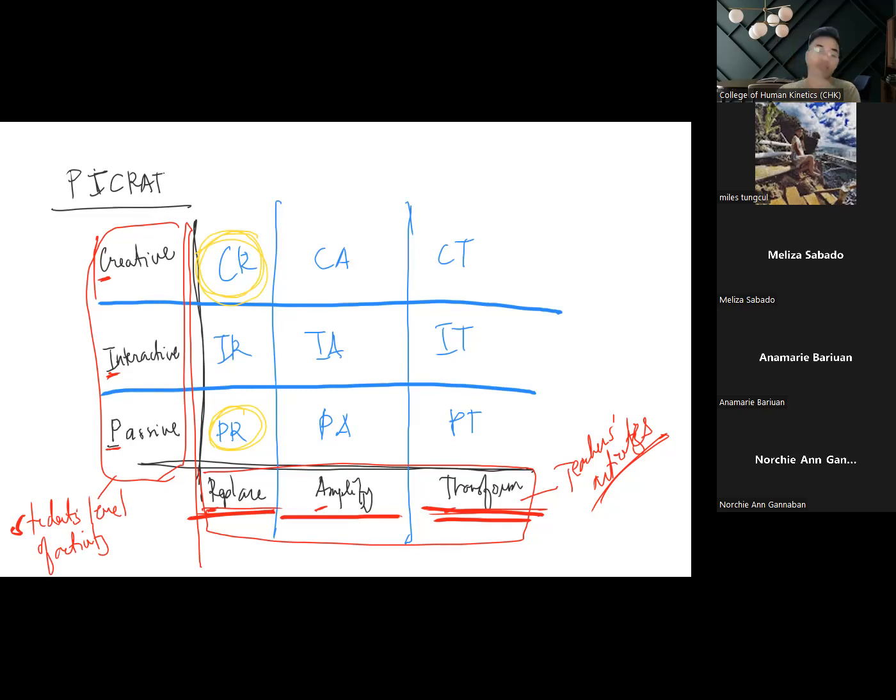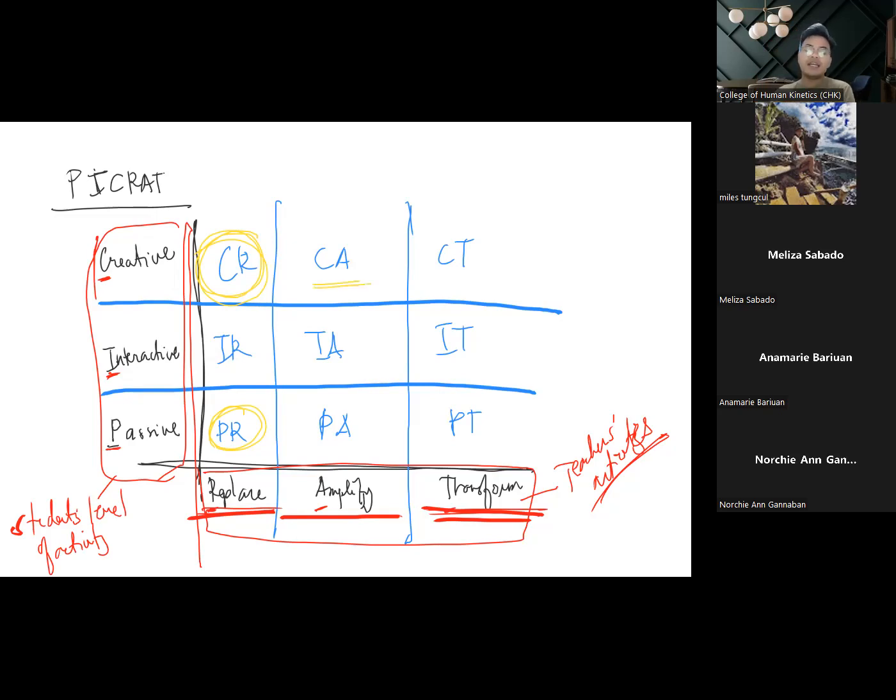Parang ganun. So that is an example of creative, pero dahil may dagdag kang feature, dahil hindi na lang susulat pero nag-edit na rin ng grammar, so automatically that would be amplify or CA.